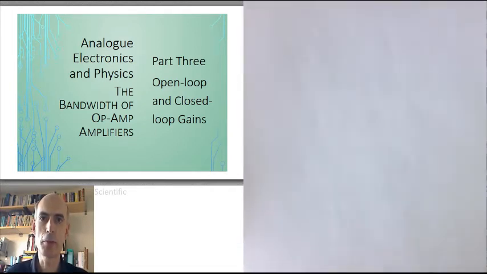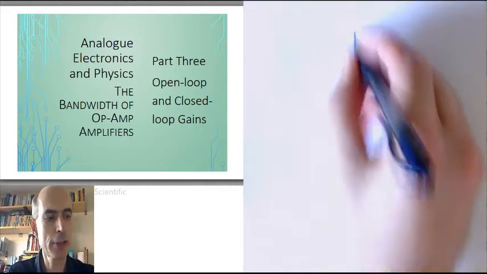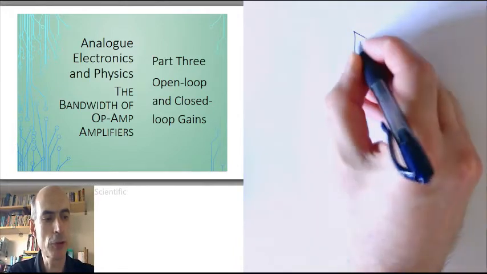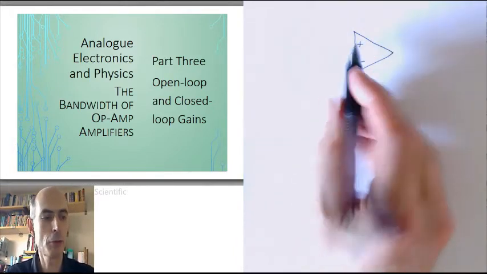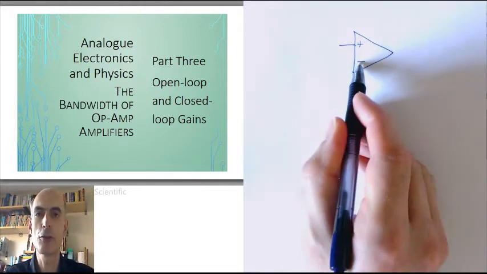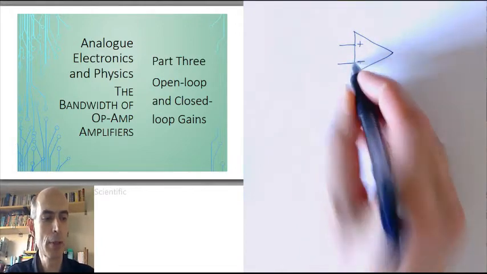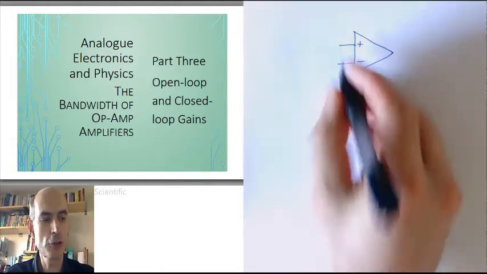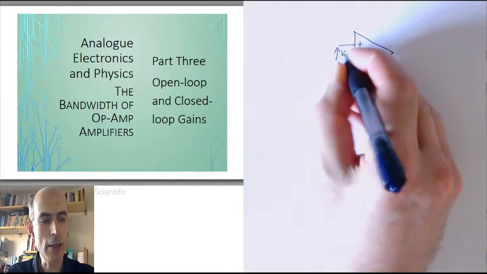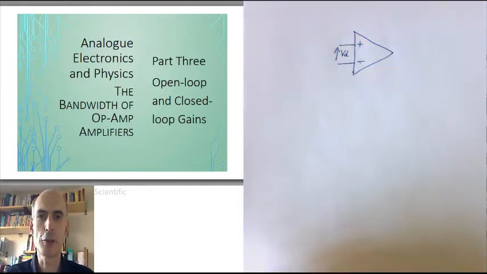First, the open loop gain. The open loop gain is a function of the op-amp itself. Put an op-amp in a circuit, there will be some voltage on its non-inverting input, there will be some voltage on its inverting input. The difference between these two voltages I've been calling VD, the difference voltage.